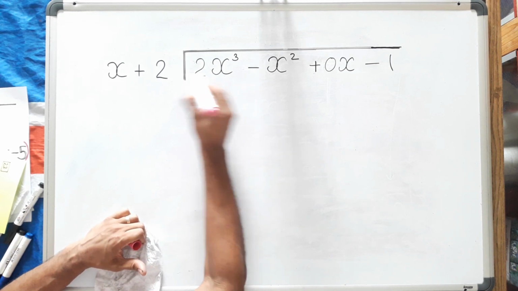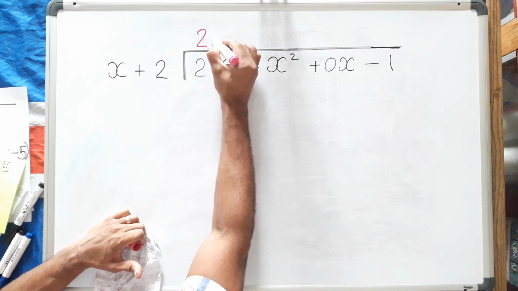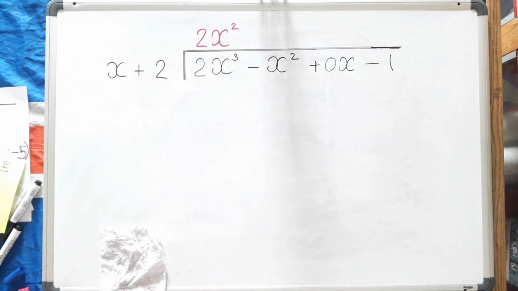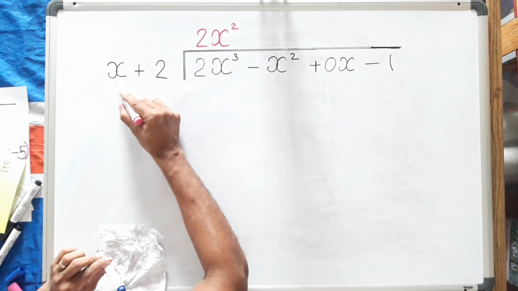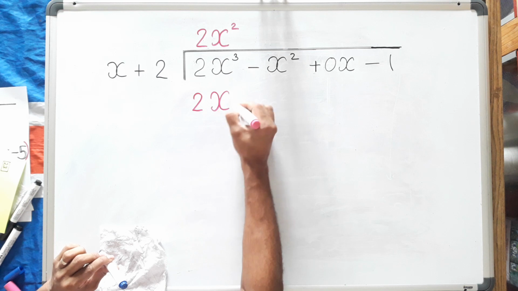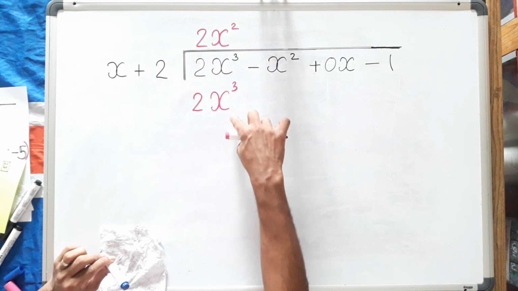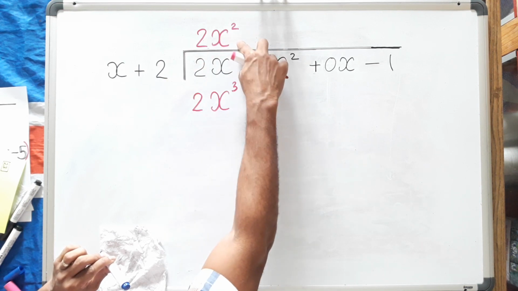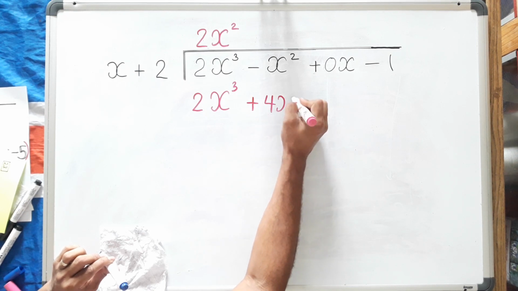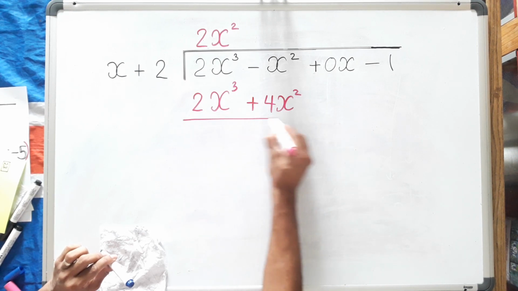2x cubed divided by x is 2x squared. Take the 2x squared, multiply both of them. 2x squared by x is 2x cubed, because x squared by x is x cubed. 2x squared multiplied by 2 is positive 4x squared.